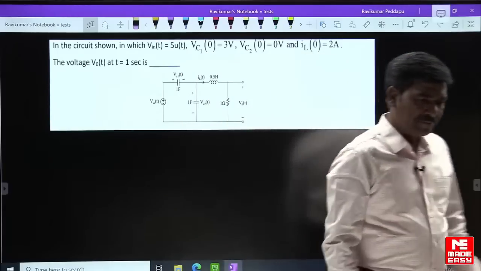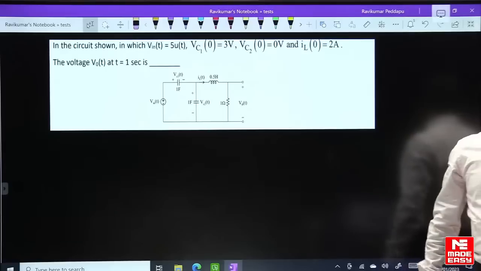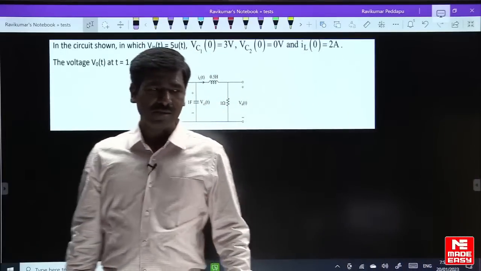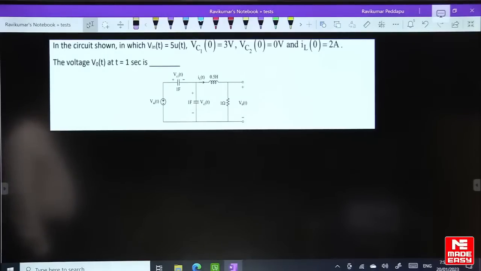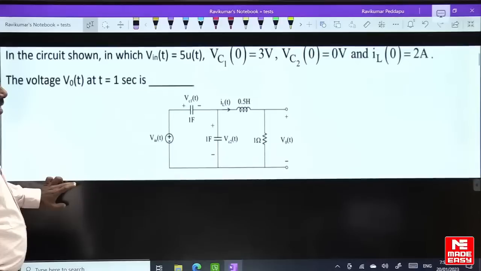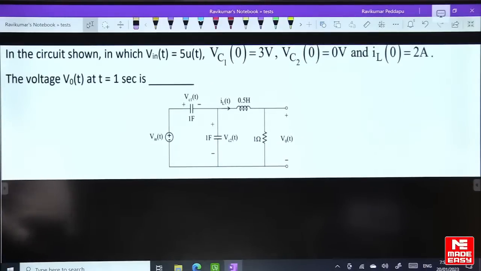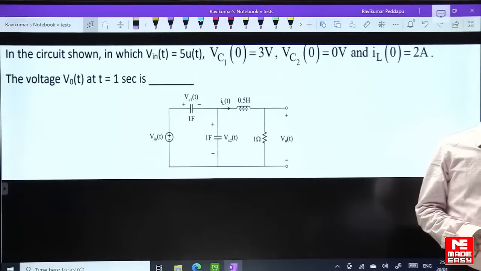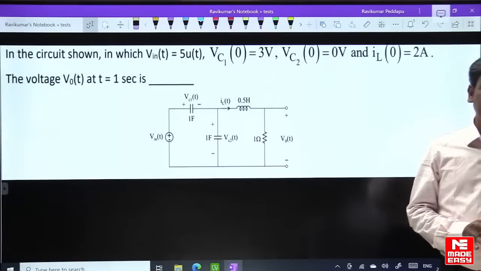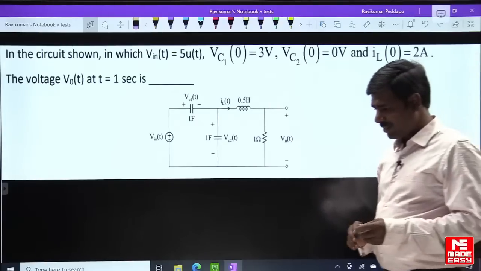Come on, fast. It is a very simple question, just directly apply the Laplace transform technique.